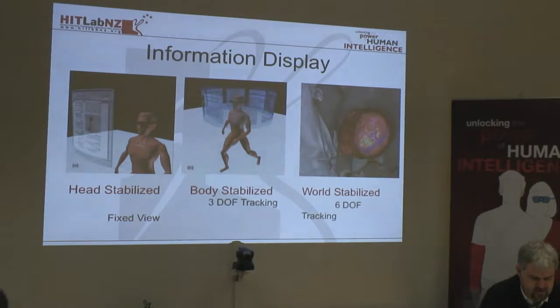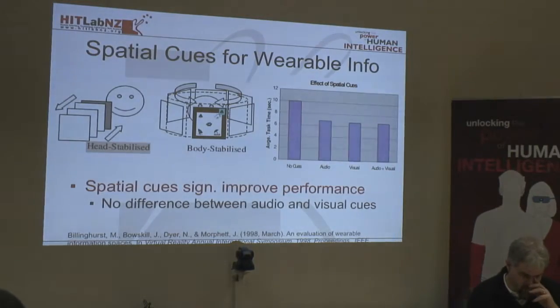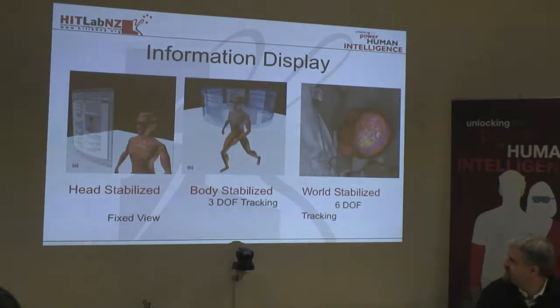And we've done some studies showing that if you use spatial cues for wearable information, then you can help people to find information faster. So for example, you could imagine if you had this interface here, and you had maybe 8 or 10 virtual screens around you.